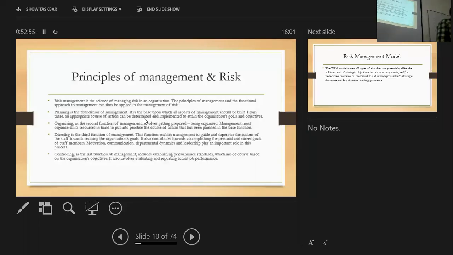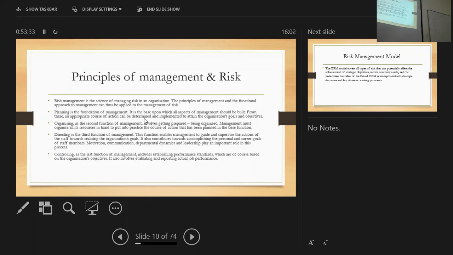Now, we also have to get an understanding of the interrelationship between the functions or principles of management and risk management. For instance, planning. Planning assists us to understand where we want to go, and it can assist us to identify the impediments or the risks that we are exposed to. Then we also have organizing.